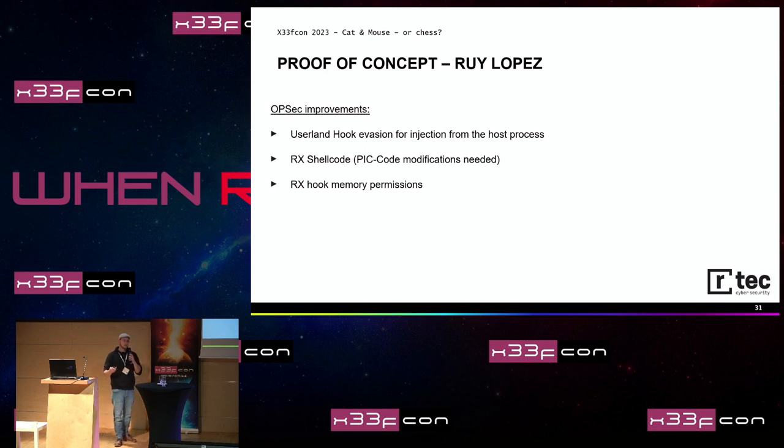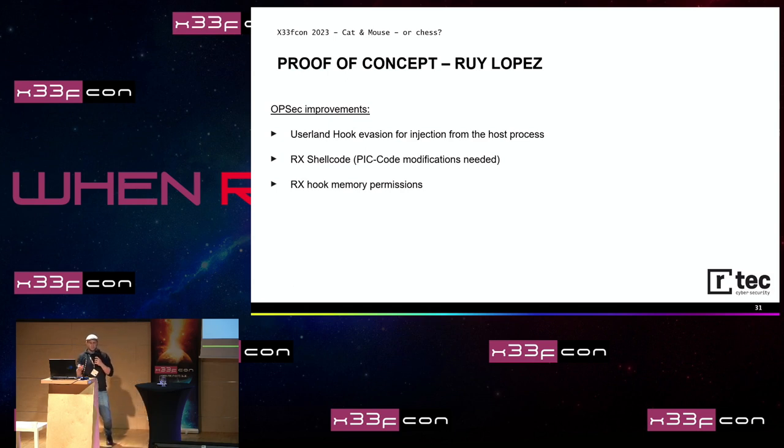The hook itself is also using RWX permissions at the moment. I faced the situation that sometimes the process crashed on specific OS versions when changing the RWX permissions to RX. So I made the proof of concept more stable, but with less OPSEC.